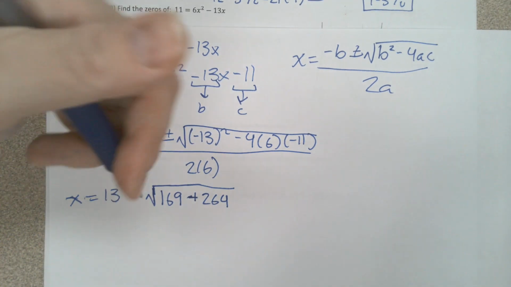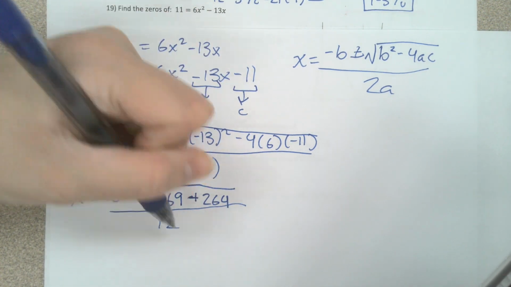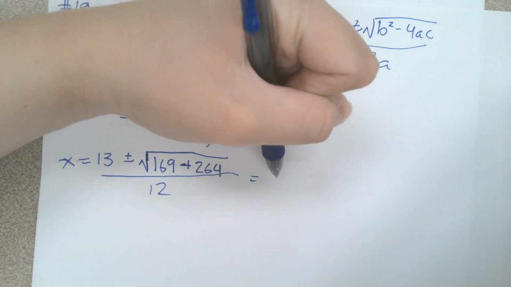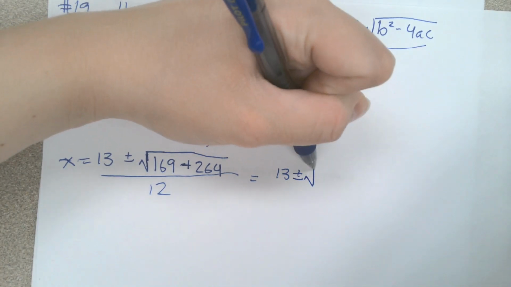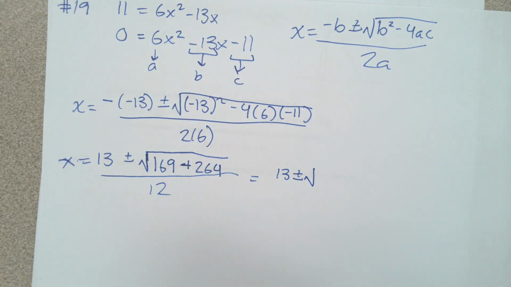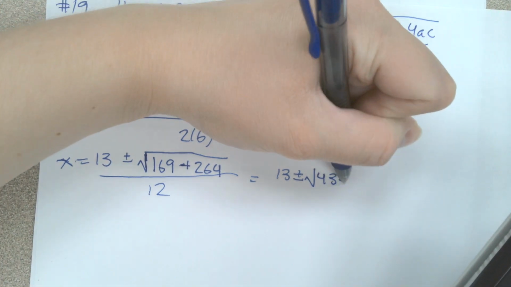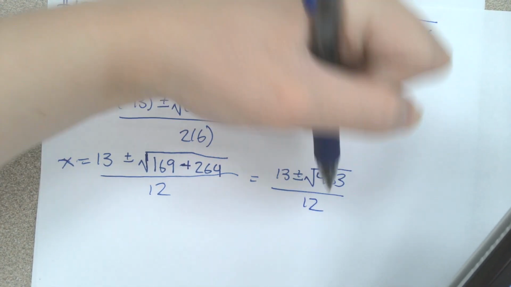And then that's over 12. 13 plus or minus the square root. Add that to 169, so we have 433 over 12.